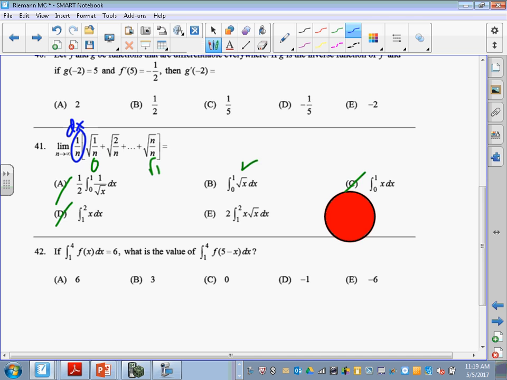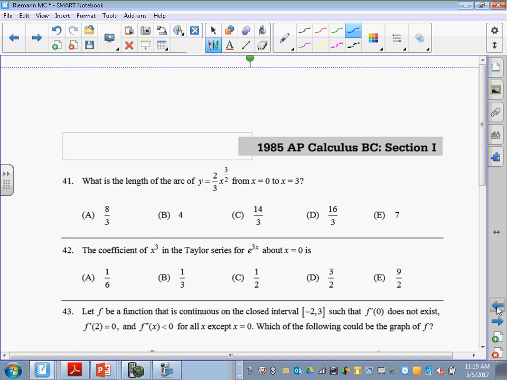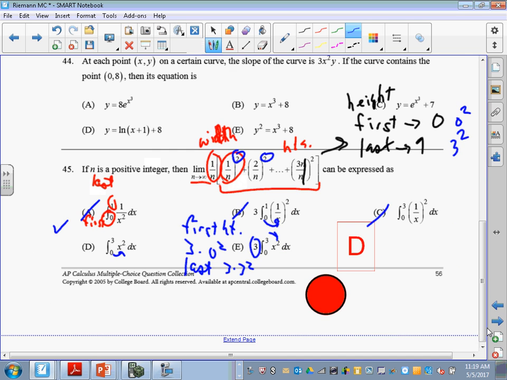It just wasn't for this one. No, the correct answer is D. I was expecting the width of the interval to be 1 because our numerator was 1. It just wasn't because the 3 took care of it inside of here. So there is another way we could have written that.